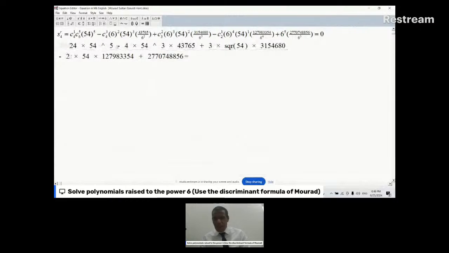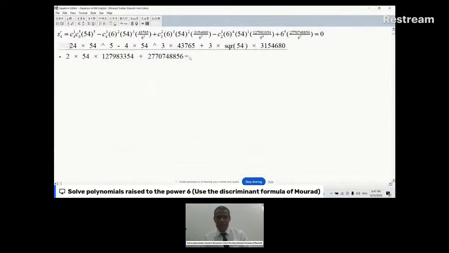Look, we have 24 times 54 raised to the power 5, minus 4 times 54 raised to the power 3 times 43,765, plus 3 times the square of 54 times 3,154,680, minus 2, because combination 2 choose 1, times 54 raised to the power 1, times 127,983,354, plus 2,770 million 748,856.